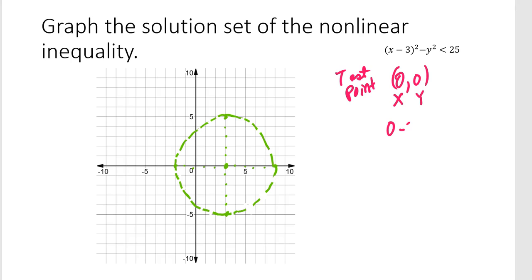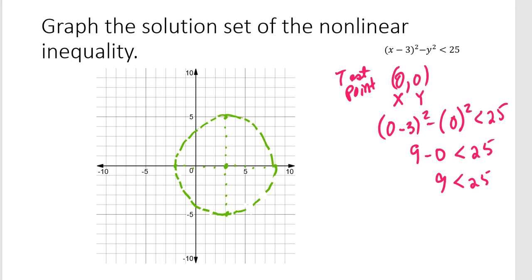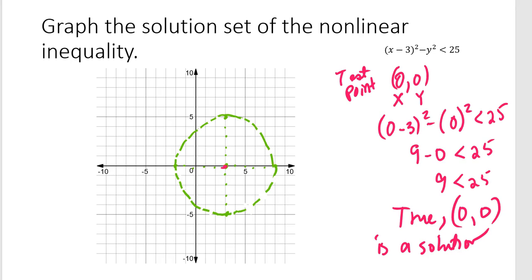So I'll replace x with 0, and I'll replace y with 0. And this will give me 9 minus 0, which 9 is less than 25. Since this is true, it means that (0, 0) is a solution.